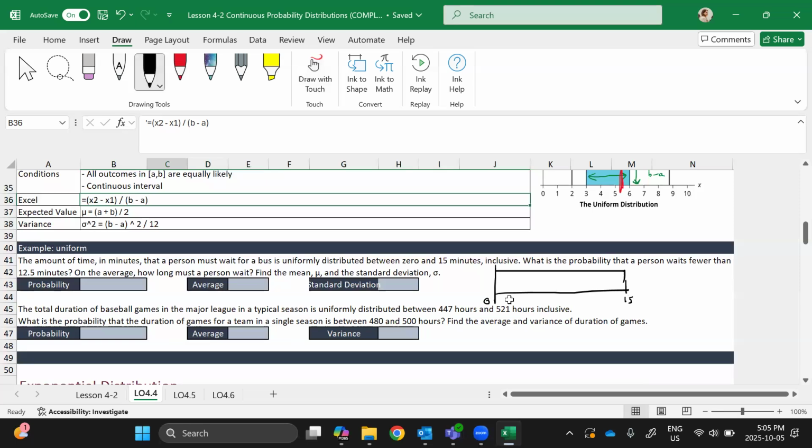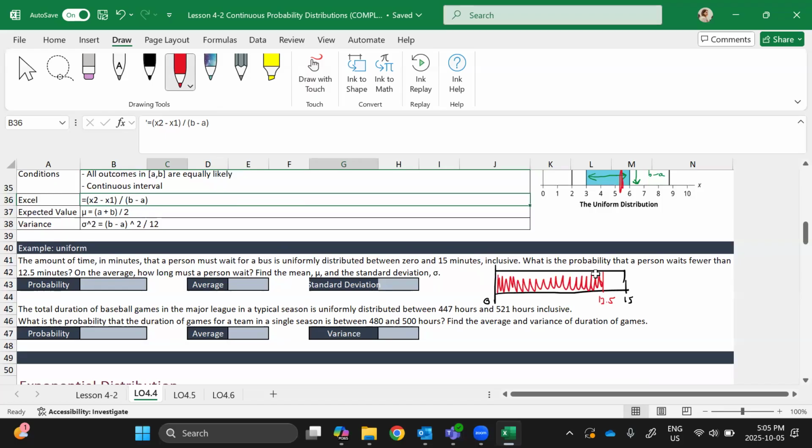15 to 0. We want the probability that a person waits less than 12 and a half minutes. So 12 and a half would be just a little less than 15, and we want everything less than 12 and a half.